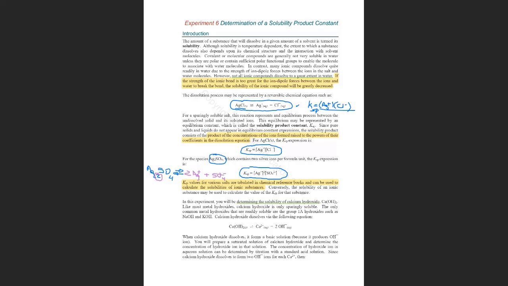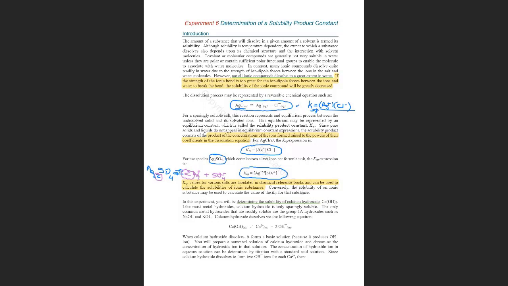So when I write the solubility product constant, which is the Ksp, it is going to be the product of the concentrations, with the silver raised to its coefficient. Silver has a coefficient of 2.